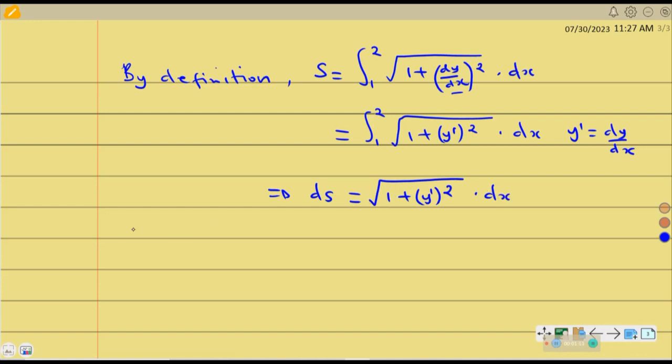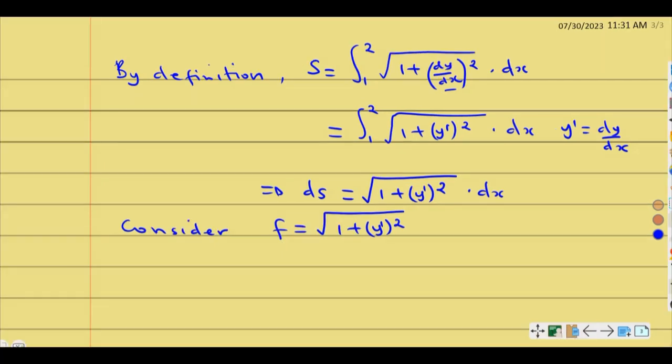Now, since we want to use Euler's differential equation, we shall consider our f. Let us consider our f to be the square root of 1 plus y dash squared. So we are considering this to be our function, because we understand that for Euler's equation you need to have a function f.